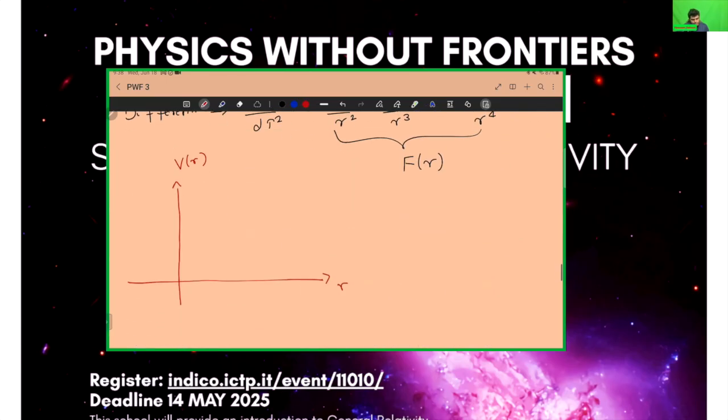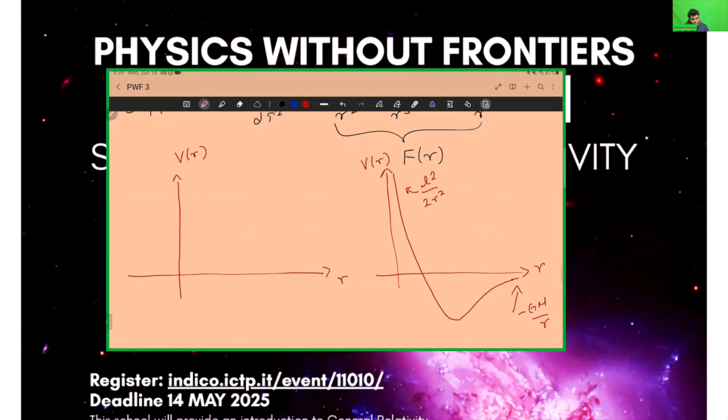So if you plot the Newtonian potential for very, very small r, it looks like this. It goes to positive infinity for very, very small r. But if r becomes big, then it becomes something like this. This particular behavior is like this, right?